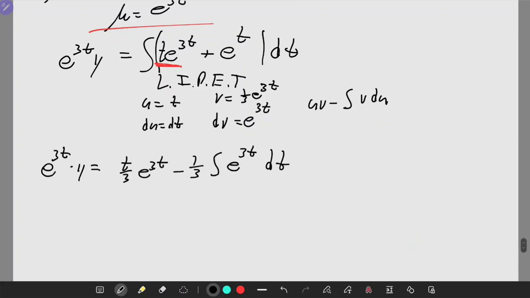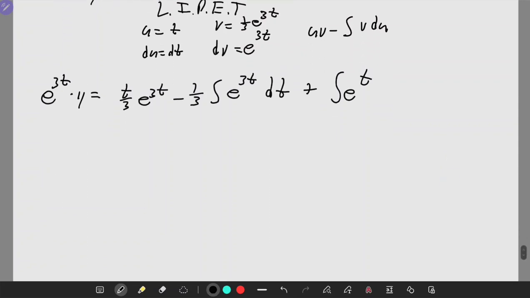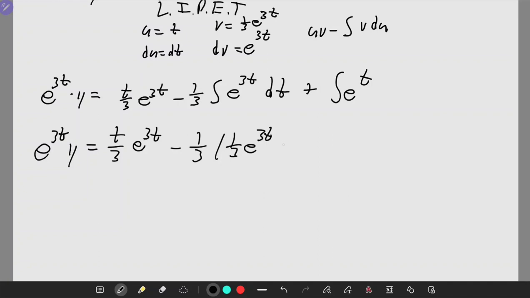And then don't forget, we also have this integral of e to the 3t. So now we have e to the 3t times y is equal to t over 3 e to the 3t minus 1/3 times 1/3 e to the 3t plus e to the t. Right? Because the integral of this is just e to the t.